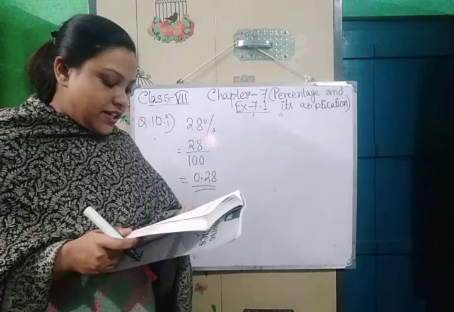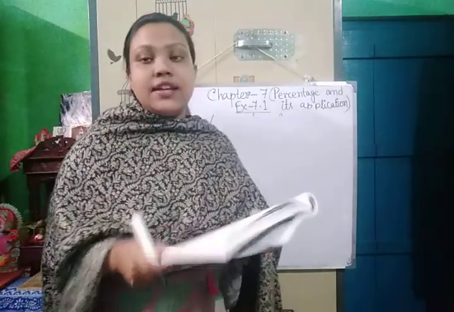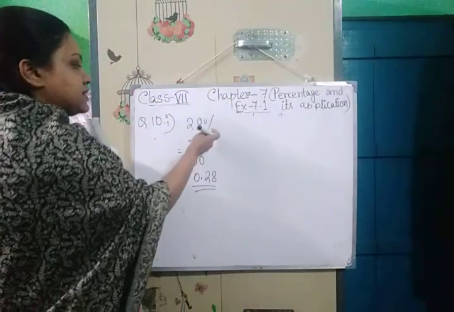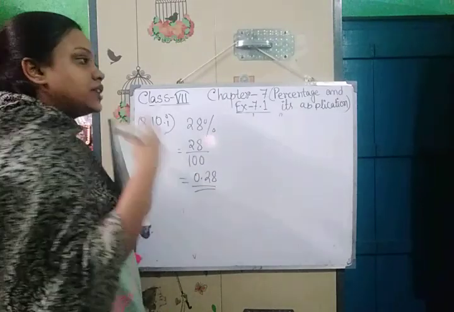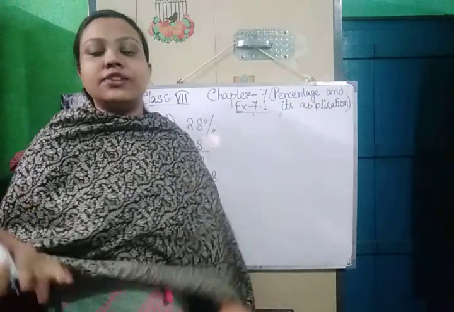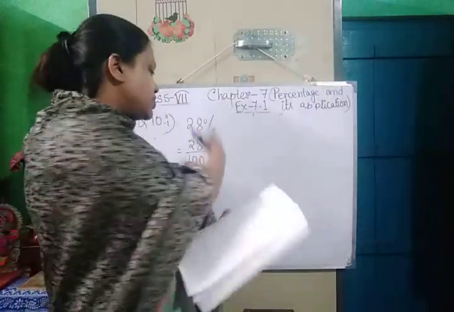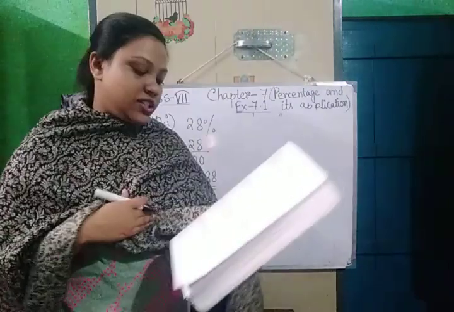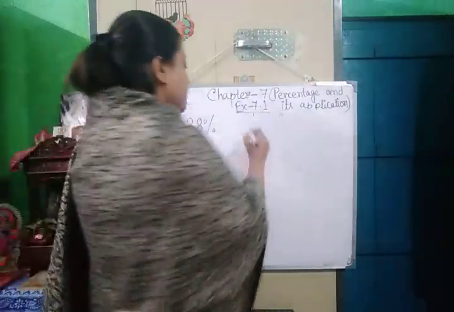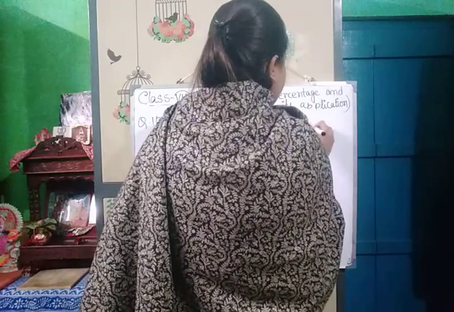Now question number 11 is last. That is convert the following decimals to percent. Here we have divided the percentage to convert it to decimal. Now when percentage is not given, decimal is given, how can we convert it to percentage? By multiplying it by 100. Here division and there multiplication. So 0.65, question number 11 is 1. 0.65 is the decimal.